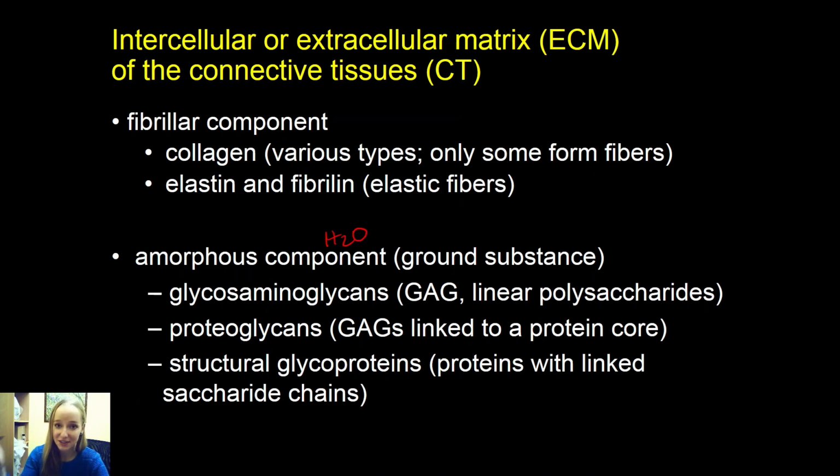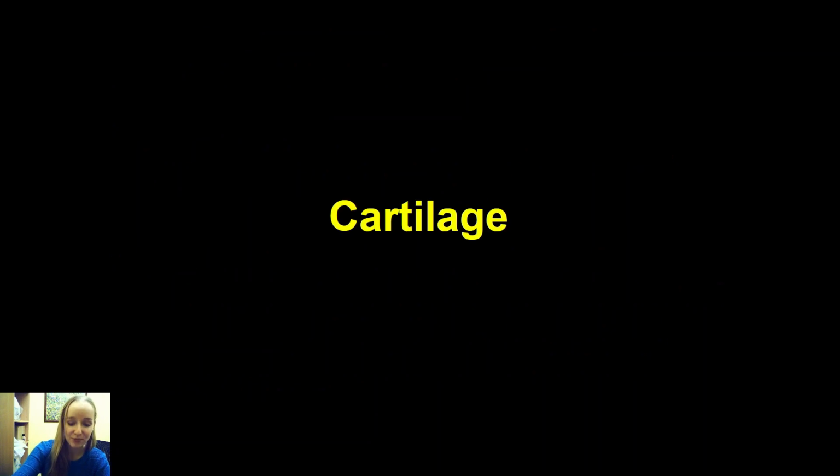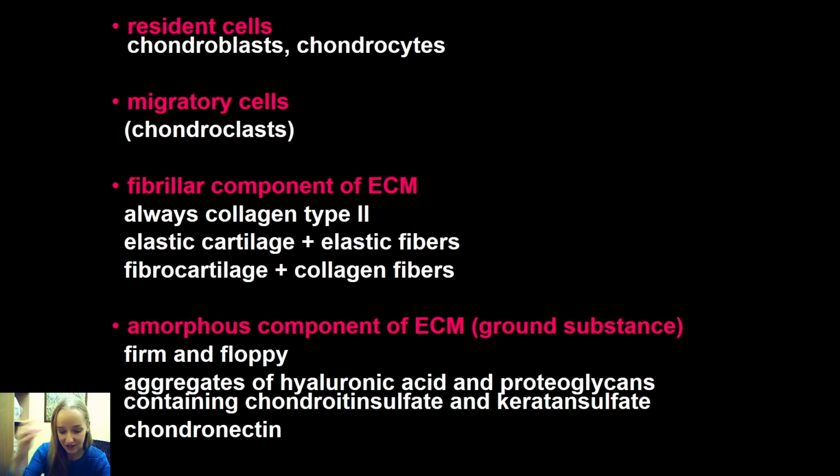So now specifically for each type, first is cartilage. We have some resident cells in cartilage, fixed cells, and these are called chondroblasts, which are precursors to the chondrocytes. Do you remember fibroblasts and fibrocytes in proper connective tissue?